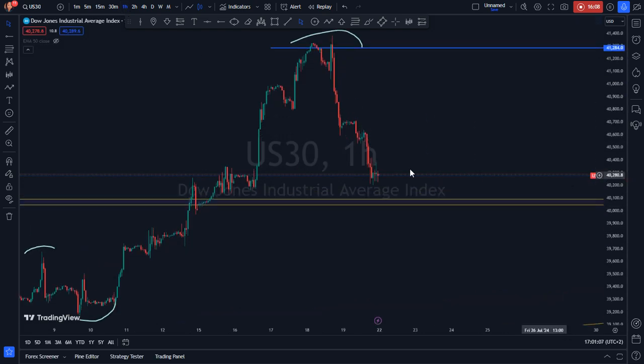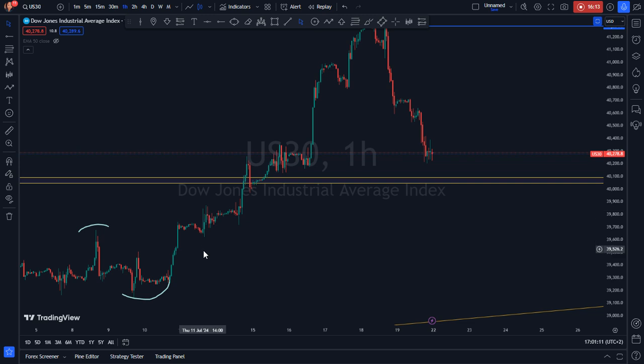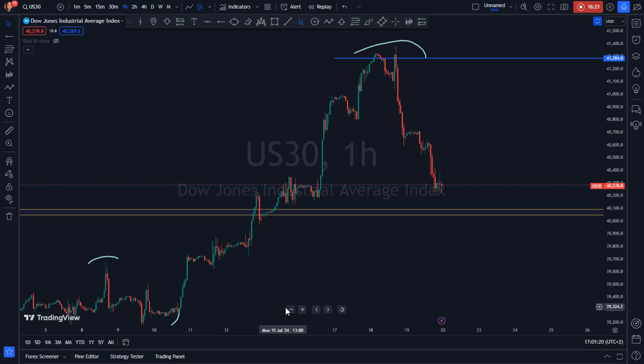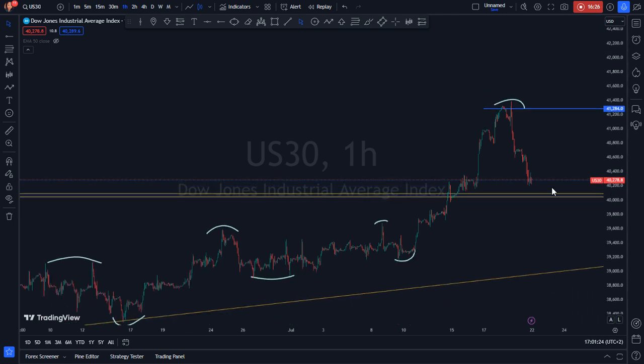So this trade, as you can see, this was the move to the upside. It has been creating higher highs, higher lows, higher highs, higher lows. So this is exactly what I was talking about when I said the market needs to first do the change of character, like what was happening on Nasdaq.